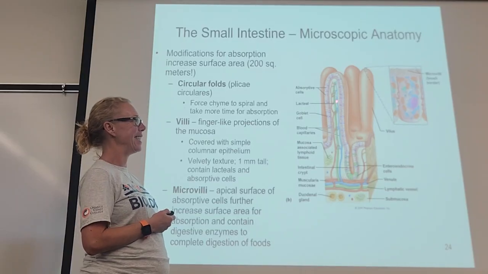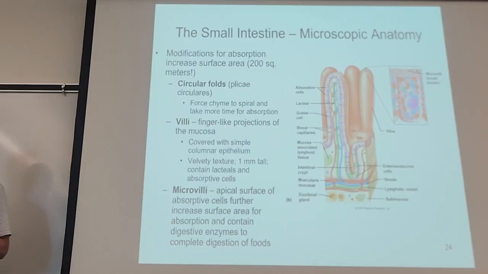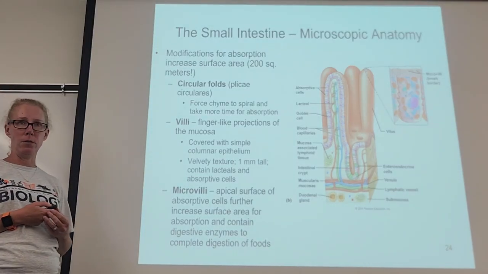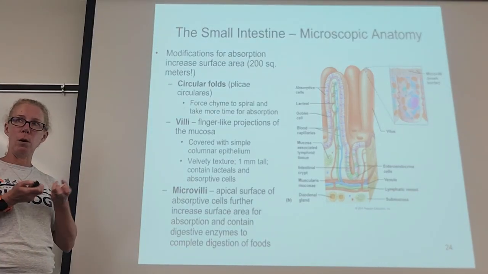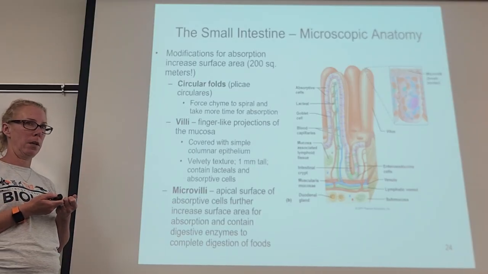Then we have, inside each villus, okay, blood vessels, all right? So carbs and proteins are going to be absorbed directly into your bloodstream. That's why we got all kinds of blood vessels in those lacteals. That's where we're absorbing from, okay? It's going directly into your bloodstream, okay?